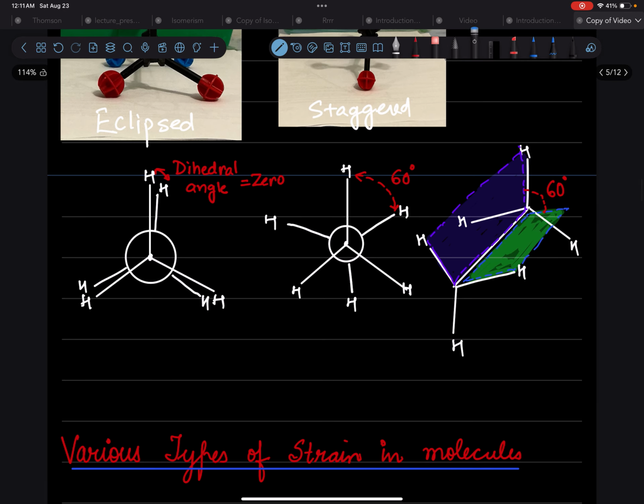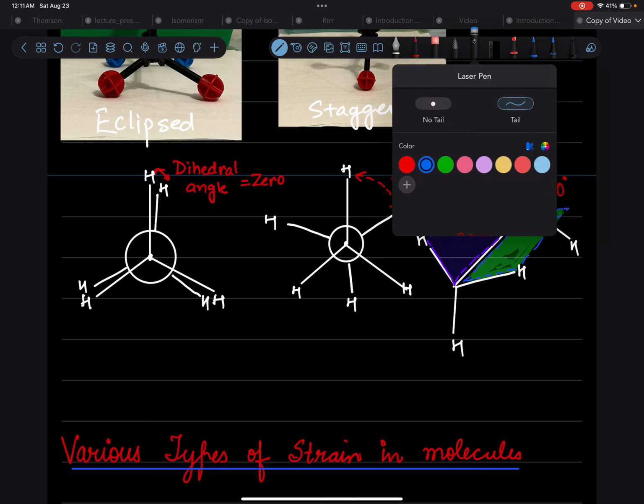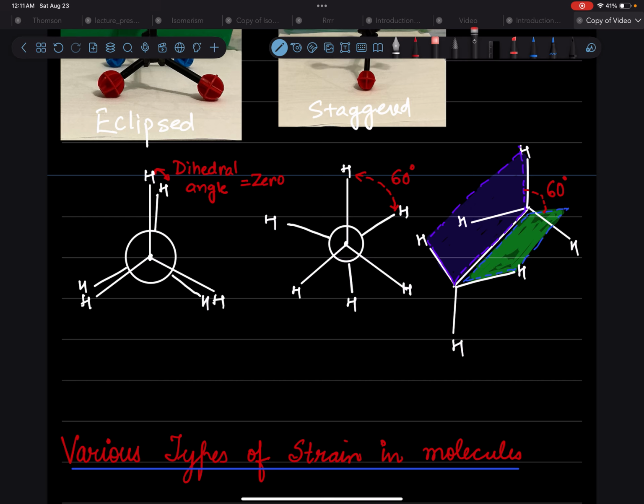This is the ethane molecule, right? There's one carbon, another carbon, a carbon-carbon bond, and then 3 hydrogens on each of them. So the angle between this plane and this plane is the dihedral angle, right?